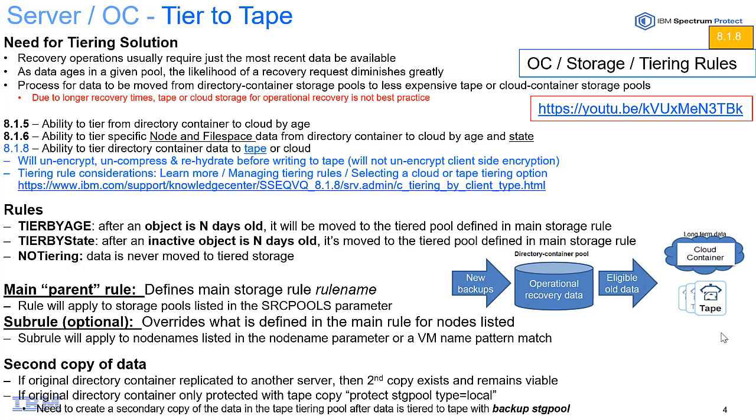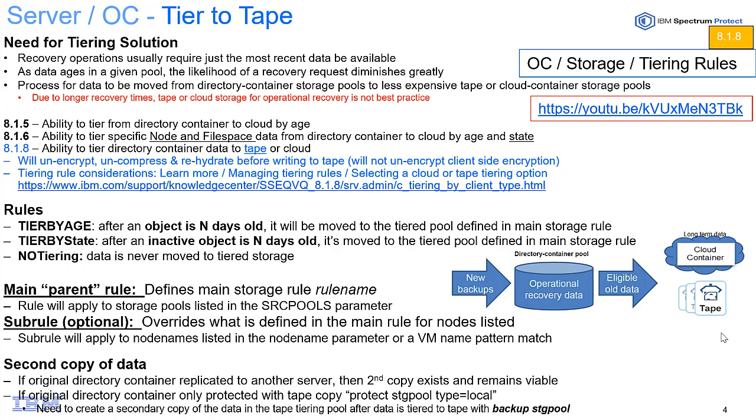And so we'd like to be able to move that off to less expensive types of media with the understanding that the likelihood of a recovery request is going to diminish greatly. So it's not as critical that it'll take longer to recover either from tape or an off-premise cloud container.